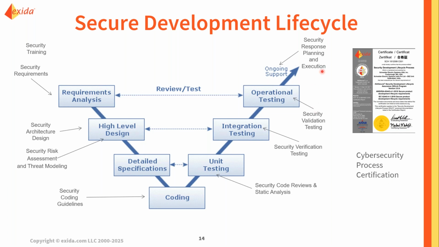So we're not adding security in at the end, but we're actually defining our security requirements up front, building security into the architecture design for the component, assessing potential security risks, and really going along each step of the way, doing our specific security testing to prove that we've implemented the right controls.